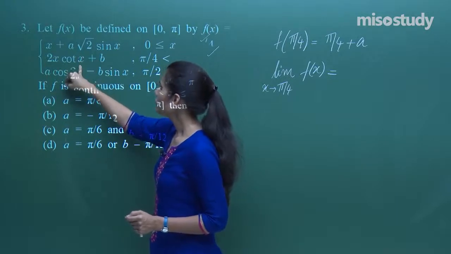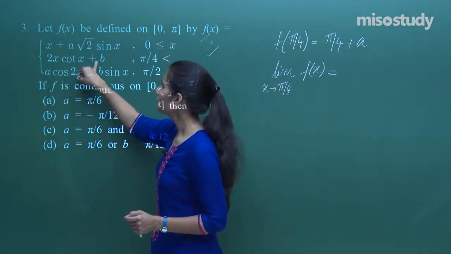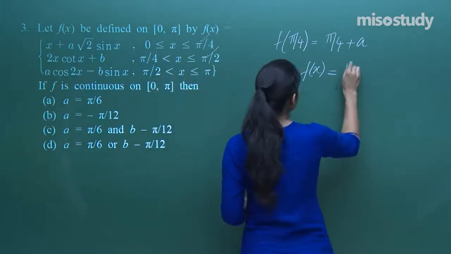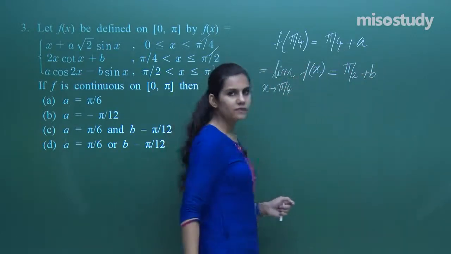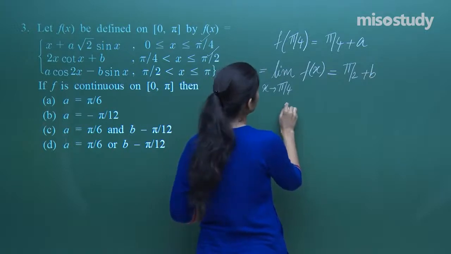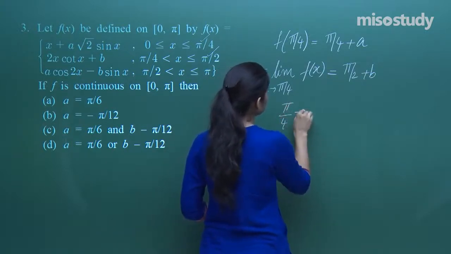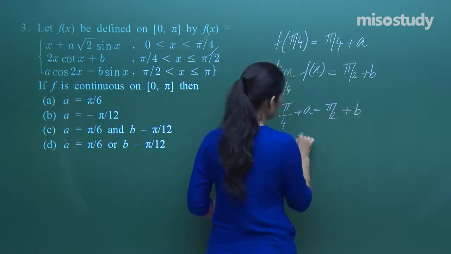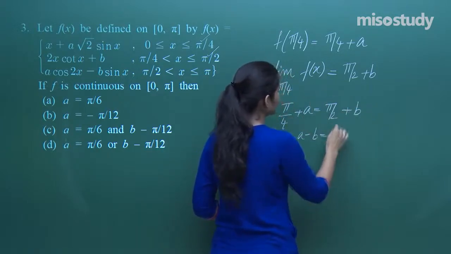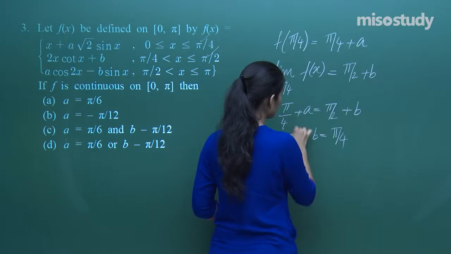Cot pi by 4 is 1, so you are left with 2 pi by 4 plus b, which is pi by 2 plus b. Both of these are equal because the function is continuous at pi by 4, so you are getting pi by 4 plus a equals pi by 2 plus b, or a minus b is pi by 2 minus pi by 4, which is pi by 4.